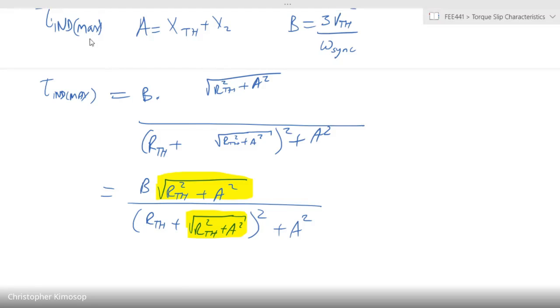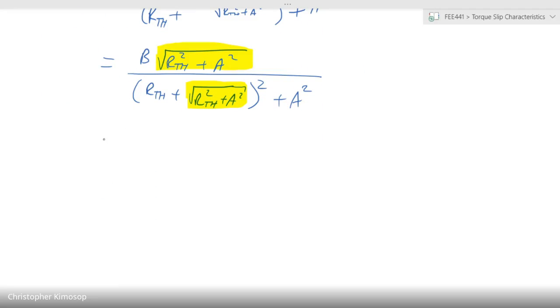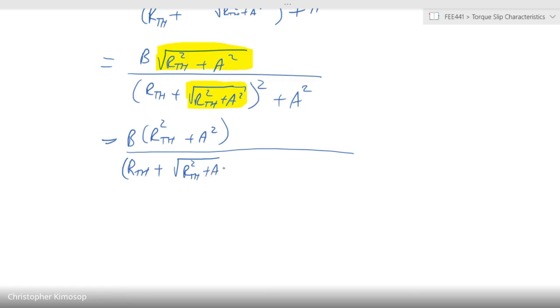And when we do that, what then happens is we then get B times, when you multiply this by itself, you remove the square root, so it then becomes that over R Thevenin plus times that square root that we had talked about.